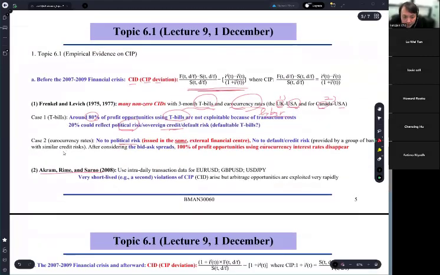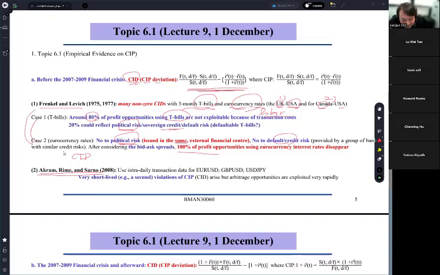So for that reason, we don't have to worry about political risk or credit risk when we test CIP or when we compute CID using euro currency rate or LIBOR. In that case, Frankel and Levich find 100% of profit opportunity will disappear. So CIP holds. That's what they find. CIP holds during this period.